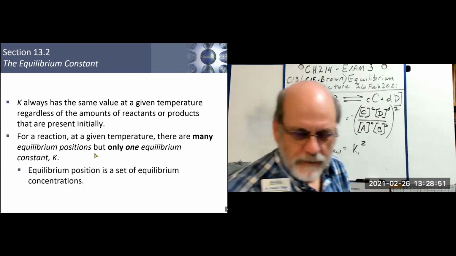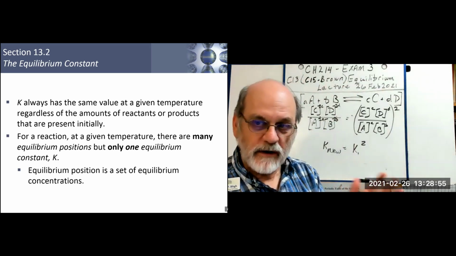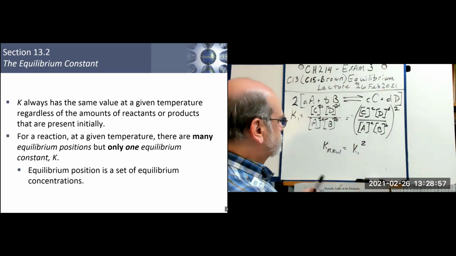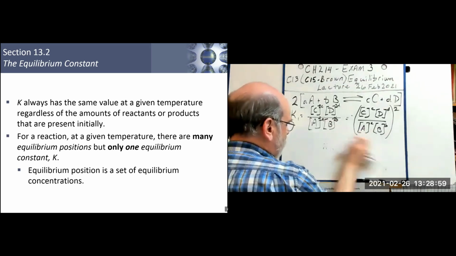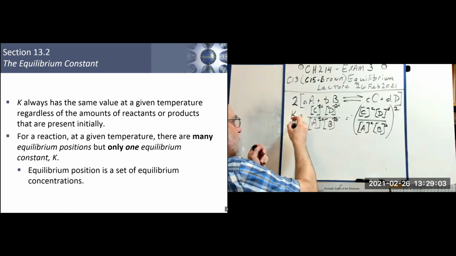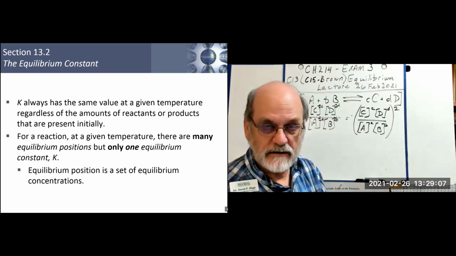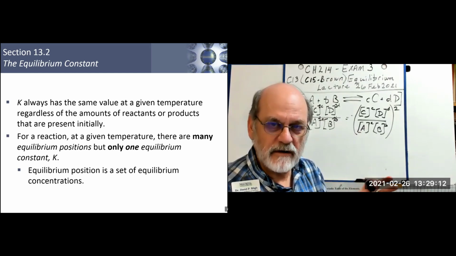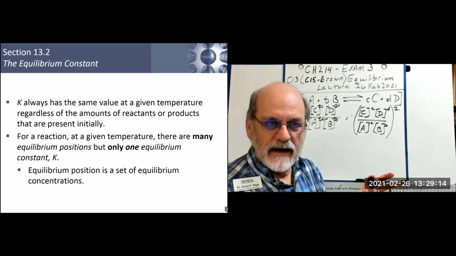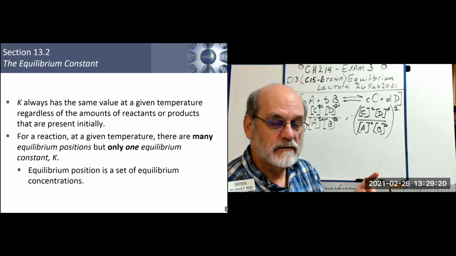So that brings up the topic of the difference between equilibrium constant and equilibrium position. All right, the constant is just that. It is constant for a temperature. But the equilibrium position is referencing the actual concentrations of reactants and products.